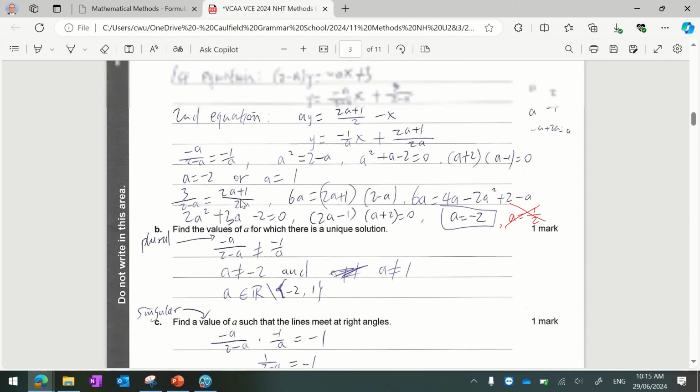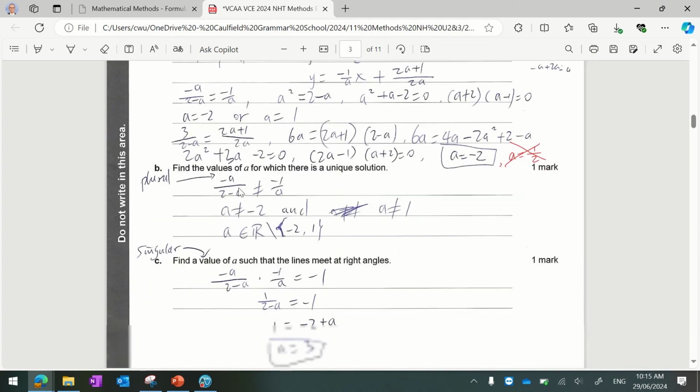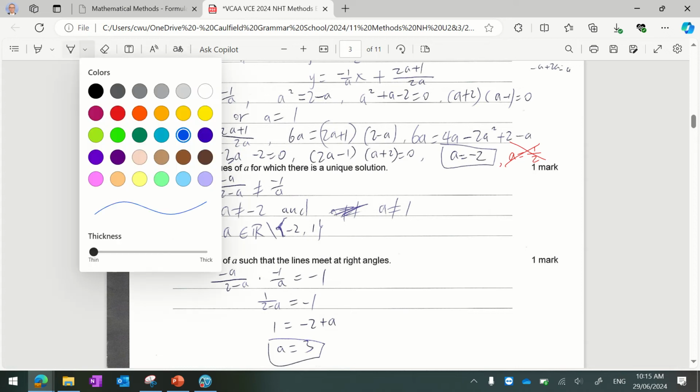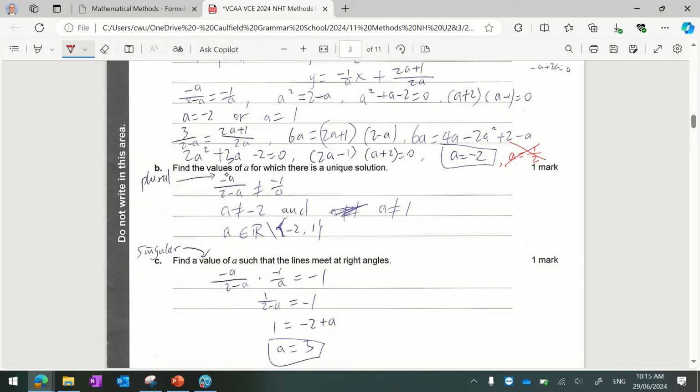Also, here's a kind of an important point. Well, trick really. The question gives you some hint actually, because the question says find the values, like S. So here, if you read your question carefully and you recognize the plural noun here, the noun value is in plural form, then you know the answer you're looking for is multiple values for a. So if you get one answer for a, you know you're wrong.